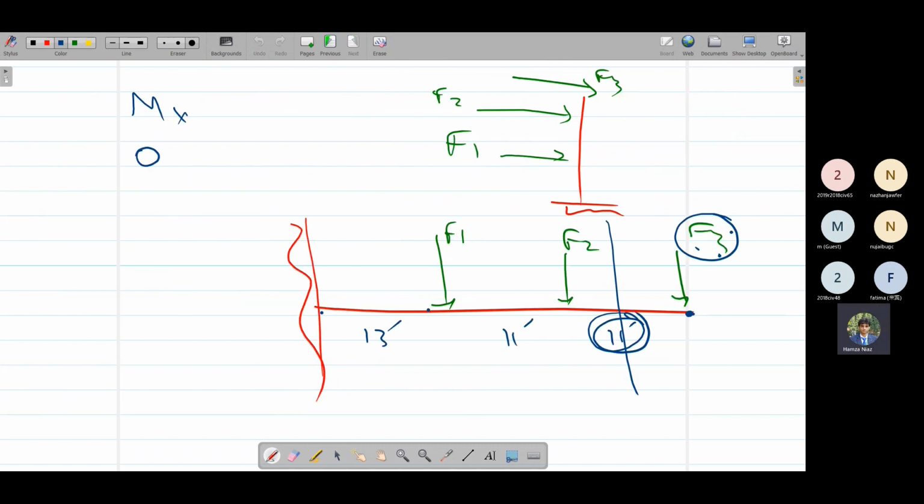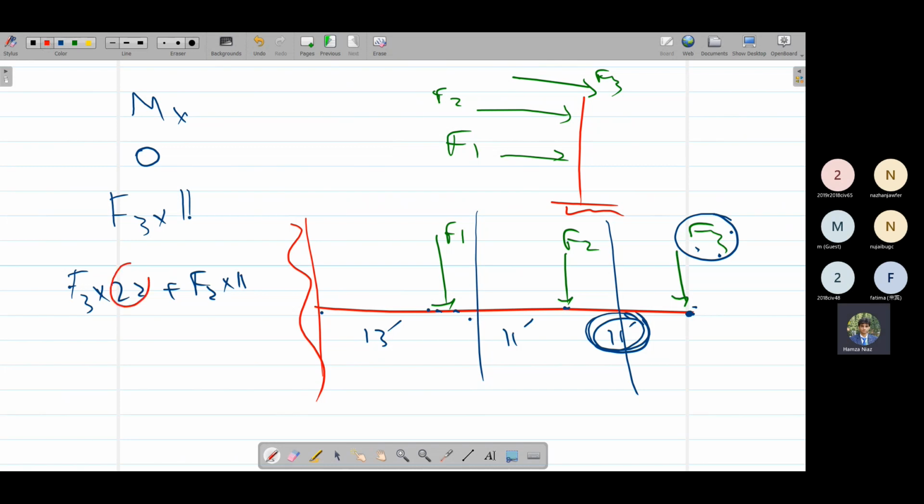So if you multiply F3 by the height, we can calculate Mx as F3 into 11. For story 2, we have F3 into 22 plus F2 into 11, similarly like we did in the bending moment diagram.